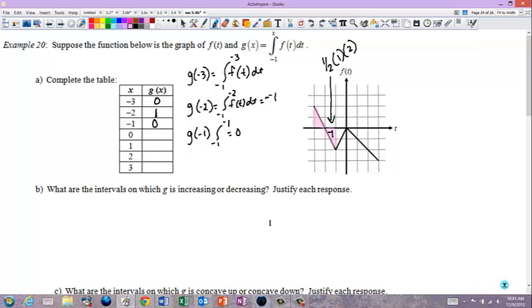Continuing to find my areas, from -1 to 0 is my next one. G of 0 would be from -1 to 0. That would be, again, a -1. It's below the x-axis, 1/2 base times height. Now I'm going from -1 to 1.